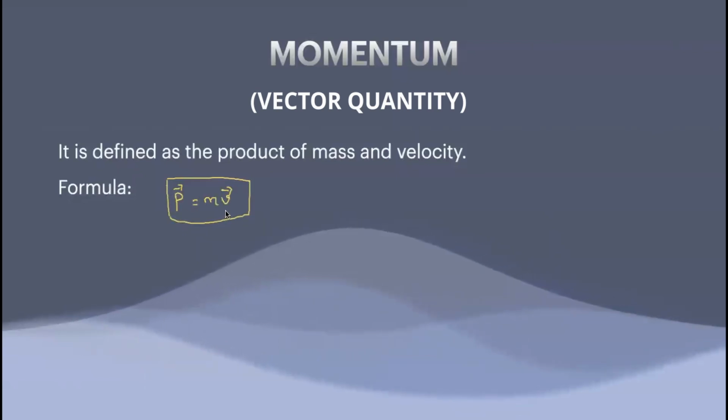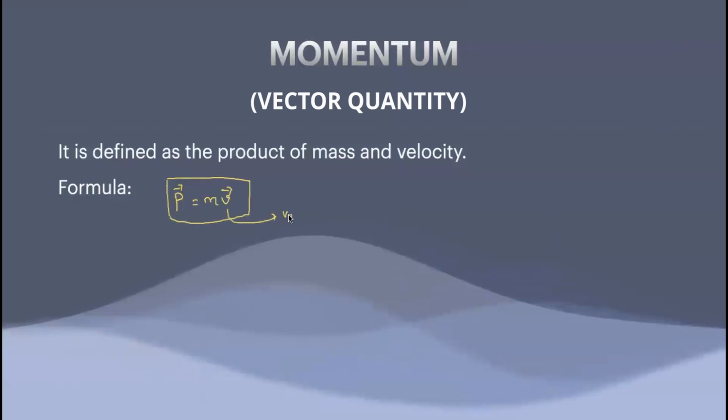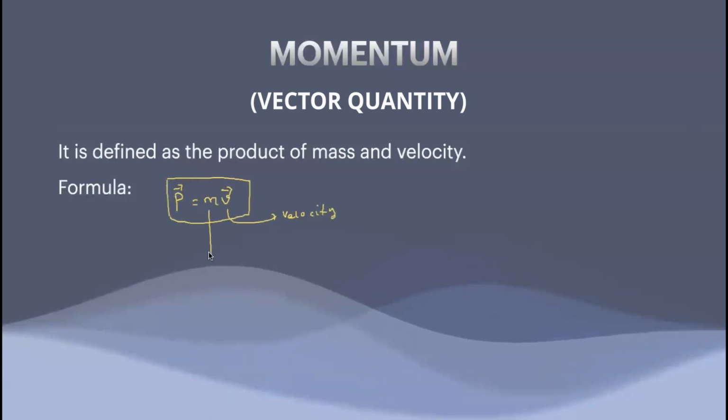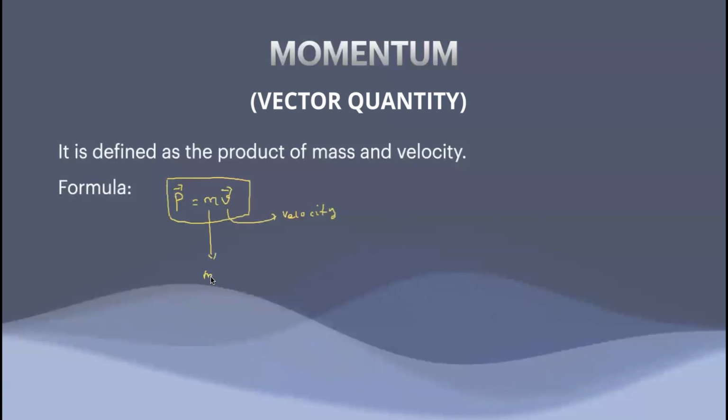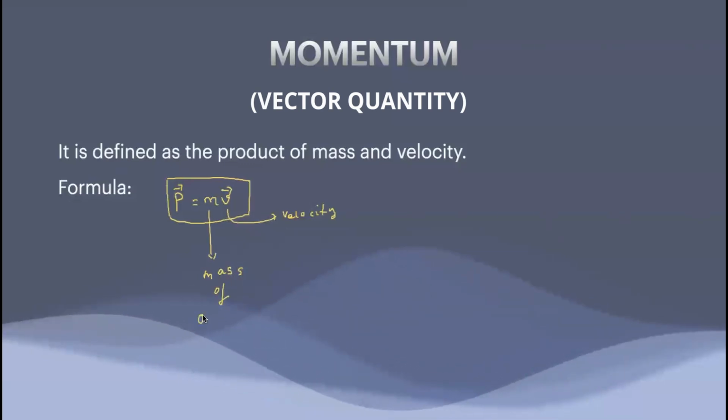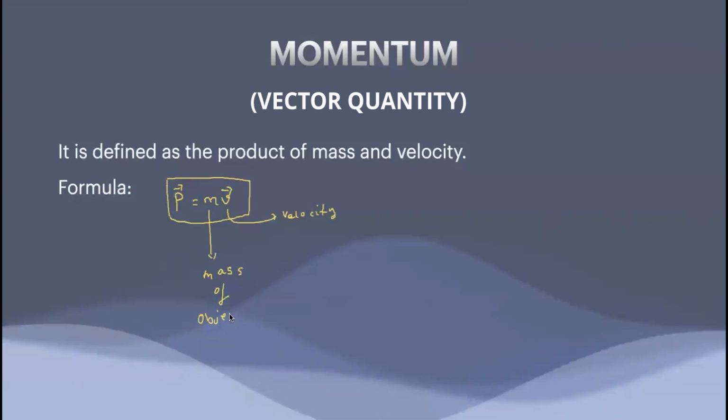Is this clear? What is v? V is nothing but velocity. M is nothing but mass of the object. Is this clear? Tell me.